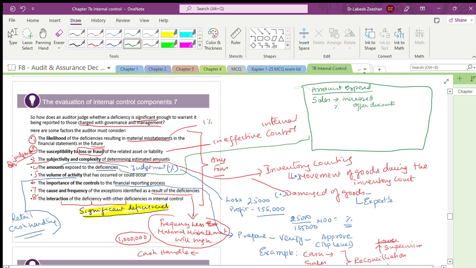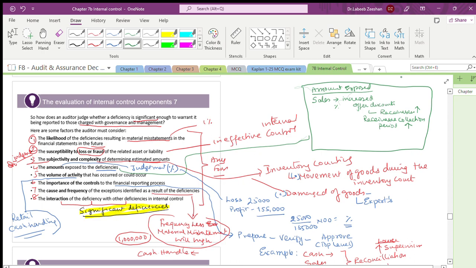When you offer discounts, definitely the sales will increase and the receivables will also increase. Receivables collection period will also increase. Receivable collection period should not increase. It should be less.